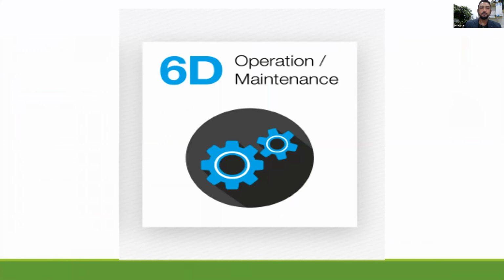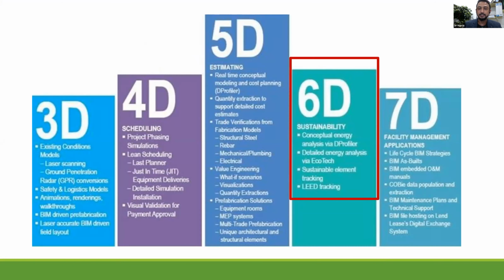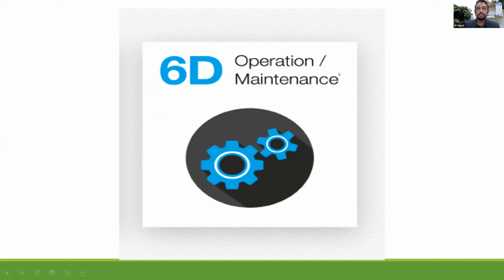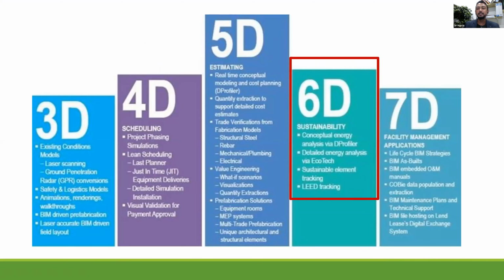And of course, we know about the 6D. Some areas say the 6D is the operation and maintenance, and some say the 6D is sustainability. So it depends on where you come from. Either 6D can be sustainability or 6D can be operation and maintenance. And if the 6D is sustainability, then the 7D will be the facility management.